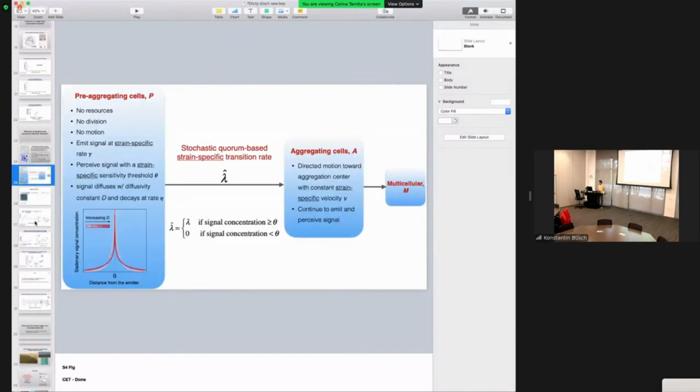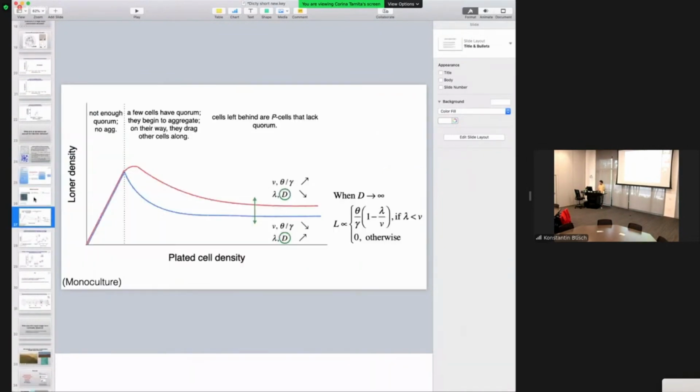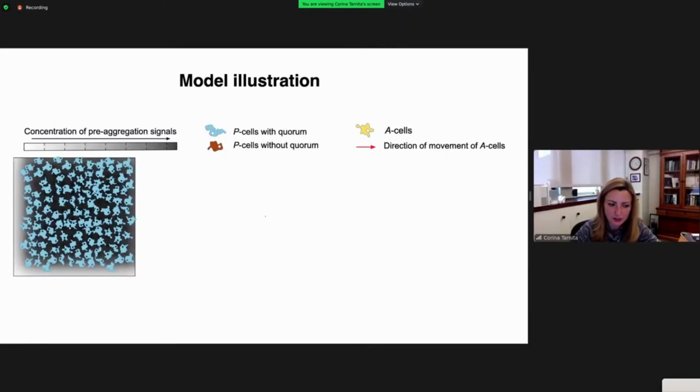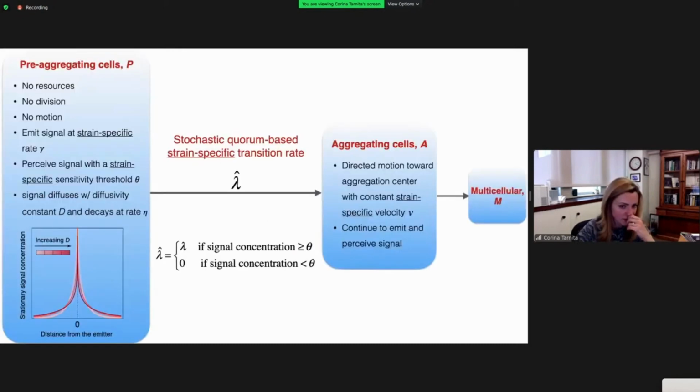So did I understand correctly? Yeah, so this is the schematic. Everyone starts being triggered and primed, but they flip coins. Every time step, they have a certain probability of deciding, even though they're all ready to start aggregating. This was the stochastic quorum-based decision from the previous slide, that arrow.